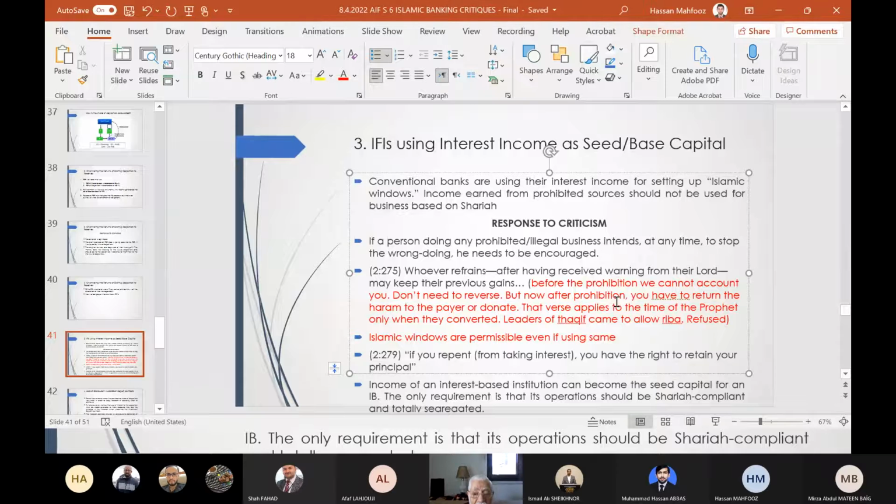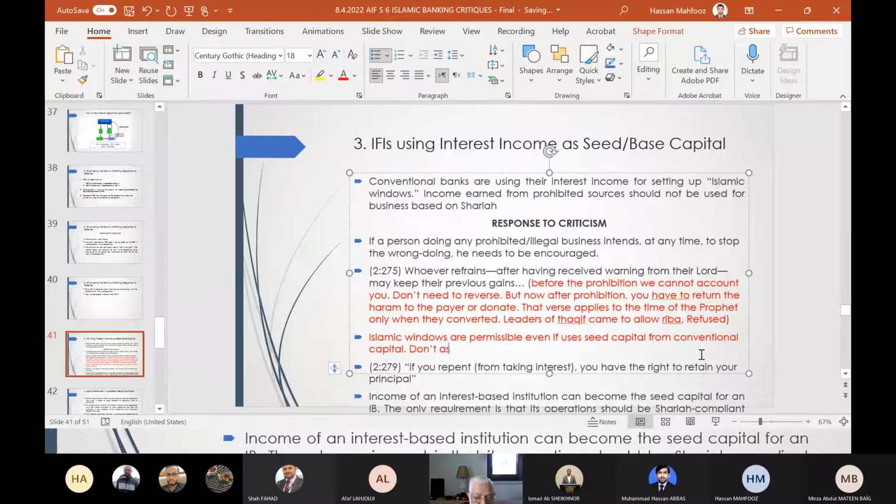In other words, even if it uses the general resources available in the mother bank, the Islamic window remains permissible. That's the point. And in this idea of musharaka, there is a clear clause that in musharaka you don't ask your partner where he got the fund from. This is not your right. This is in the Sharia standards of AAOIFI, and this is clear.